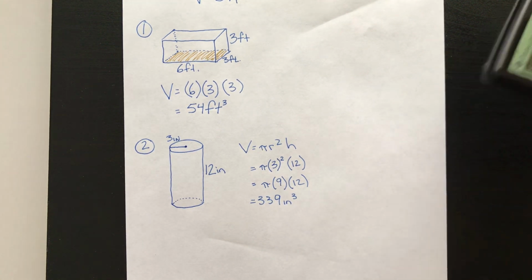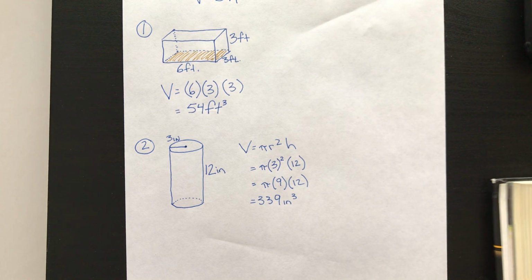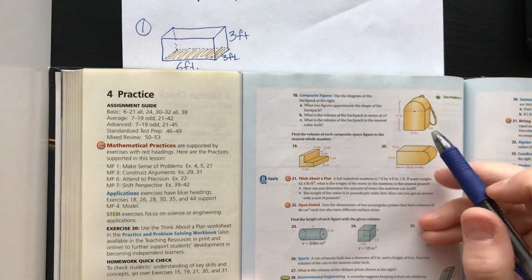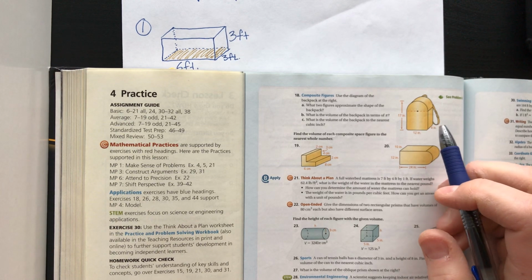Now, the last thing that I wanted to talk about, because your homework does go up to problem 20. All right, and if we take a look at the textbook here, these problems are called composite space figures.